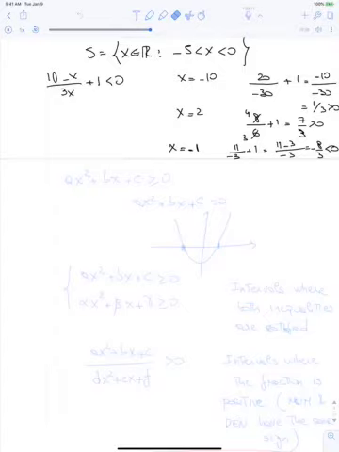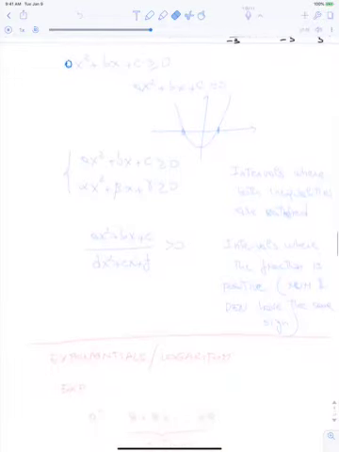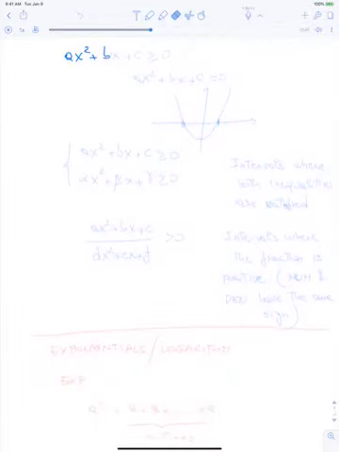Okay, just to recap, what we did is we reviewed how to solve quadratic equations in the form ax squared plus bx plus c greater than or equal to 0, for example. So we solved the associated inequality.